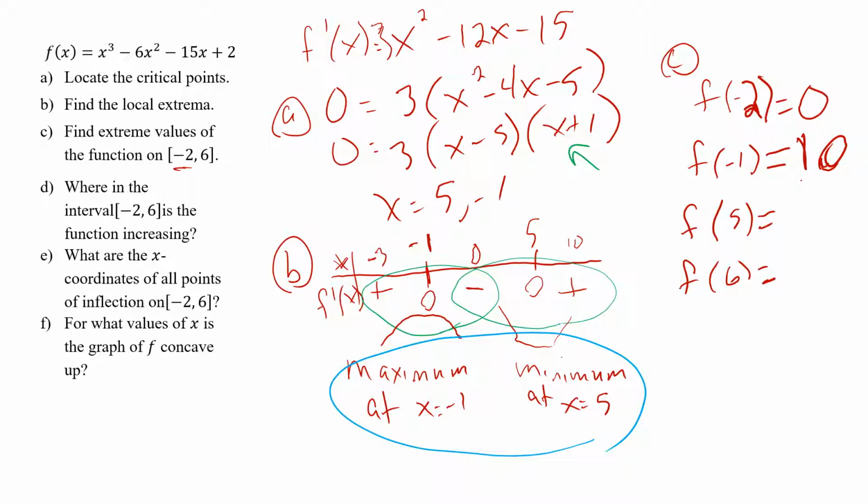When we plug in 5, we get 125 minus 6 times 25 minus 15 times 5 plus 2. You get -98. And plug in 6. 6 cubed is 216 minus 6 times 6 squared. Well, 6 cubed minus 6 times 6 squared is 0. So we have -15 times 6 plus 2 is -88.